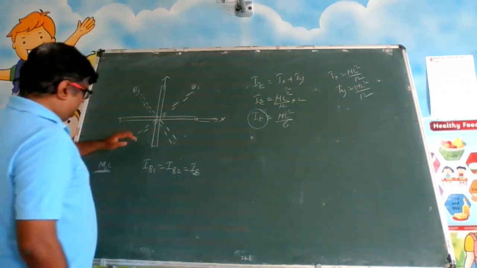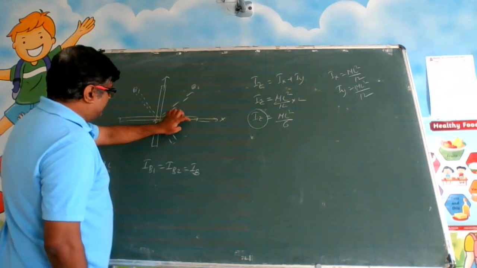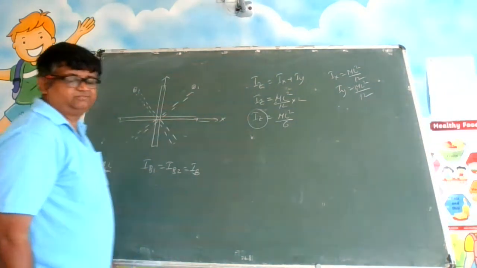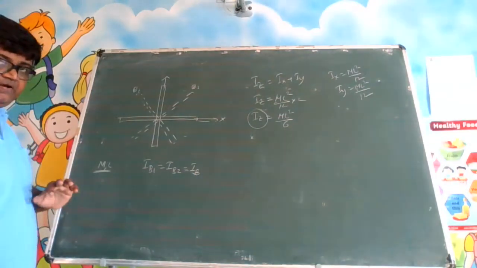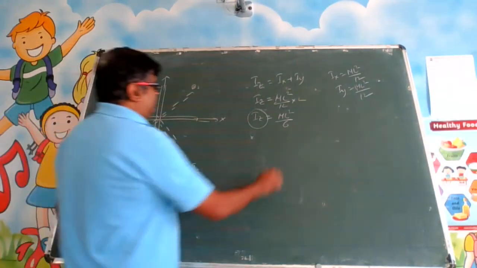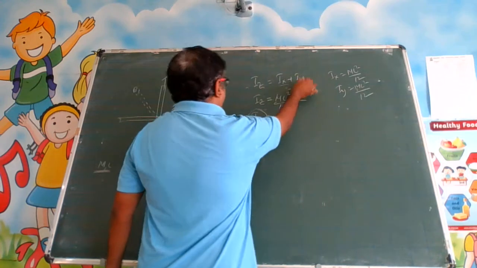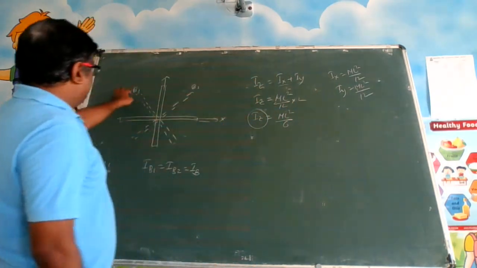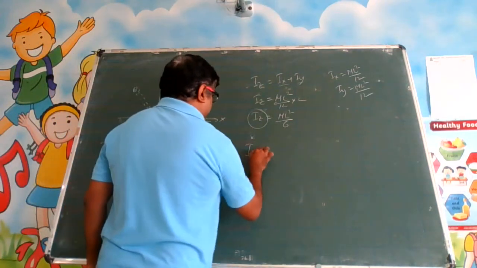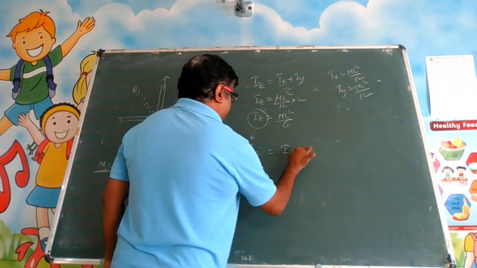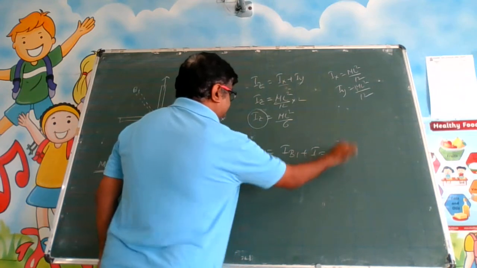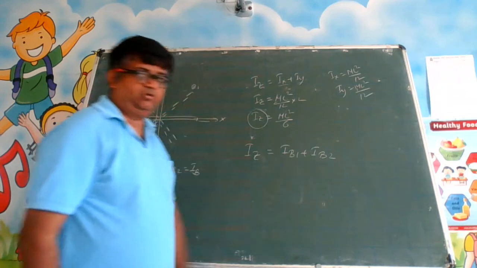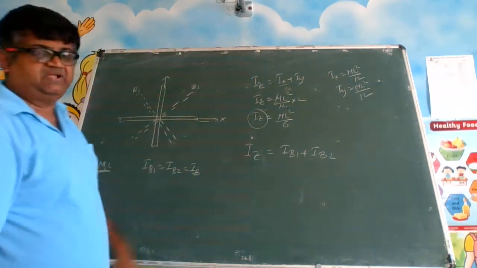You see here, z is perpendicular to x and y, and it is also perpendicular to B1 and B2. What did we study? If two axes are perpendicular, you can get the value of Iz. Now here you know the value of Iz, and you have to find B1 and B2. Can I write it like this? Iz is equal to IB1 plus IB2, because z is perpendicular to B1 and B2, and B1 and B2 are perpendicular to each other.